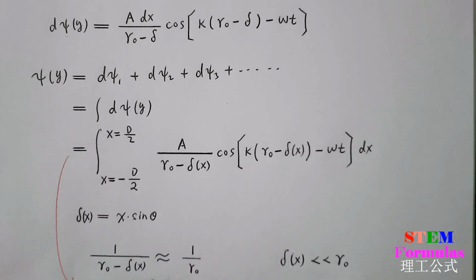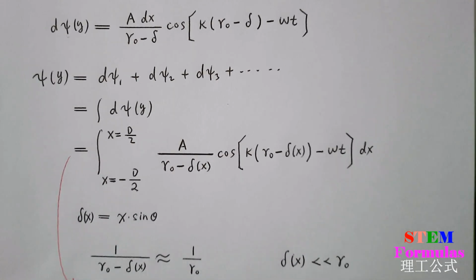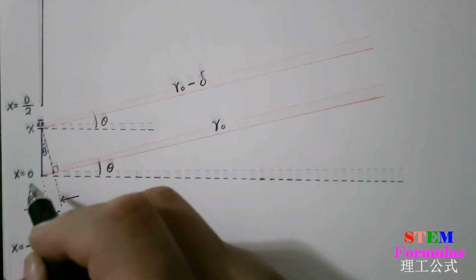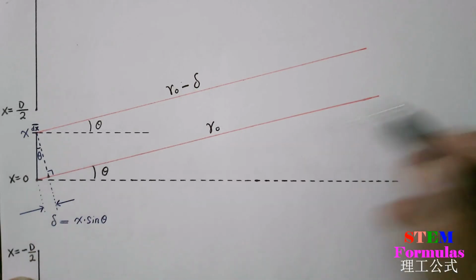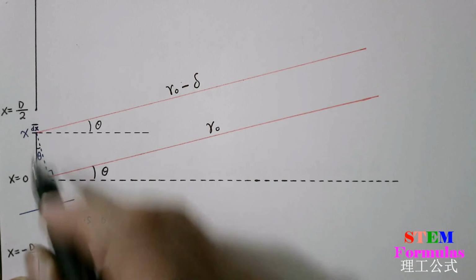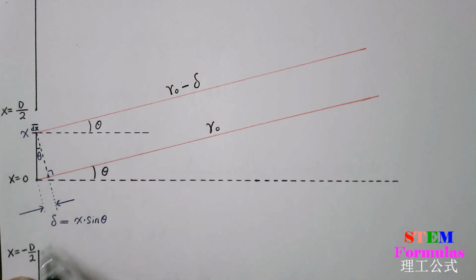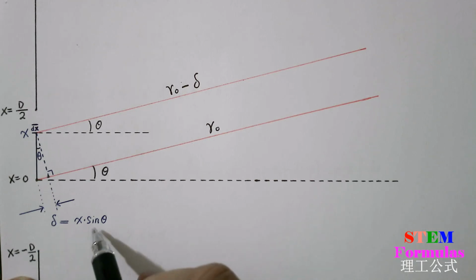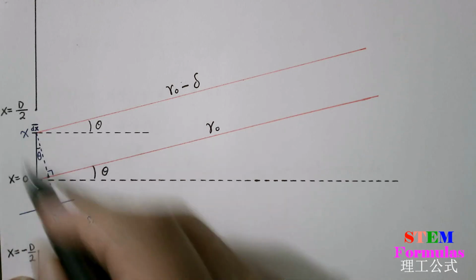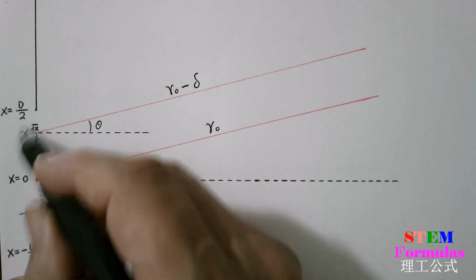R0 minus delta x is approximately equal to R0. This is the reason: R0 is the distance from x0 to the point of view y. And delta is x times sine theta, where x is on the order of d, the width of the slit.